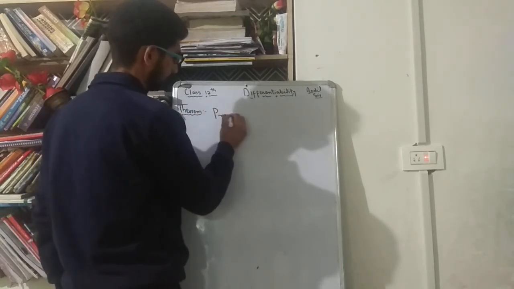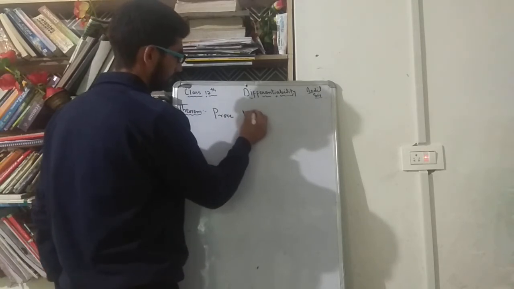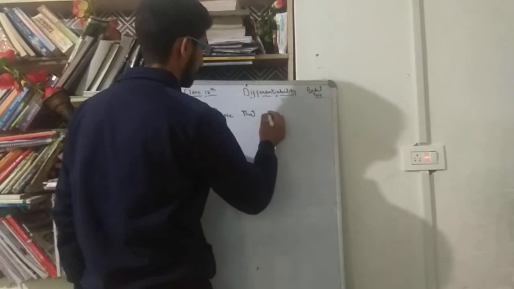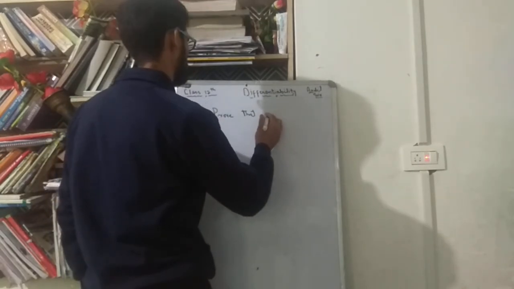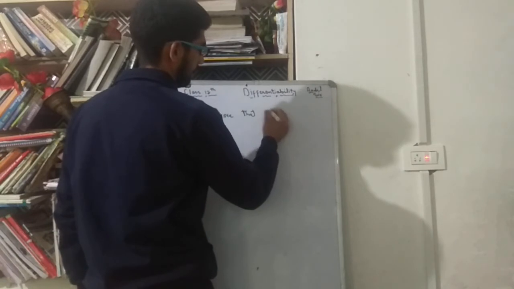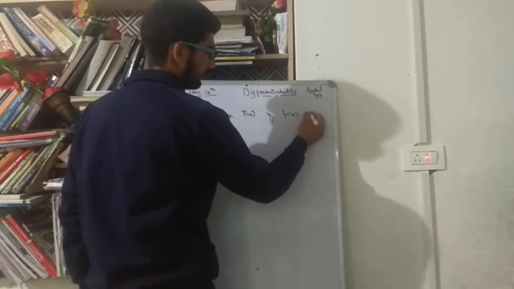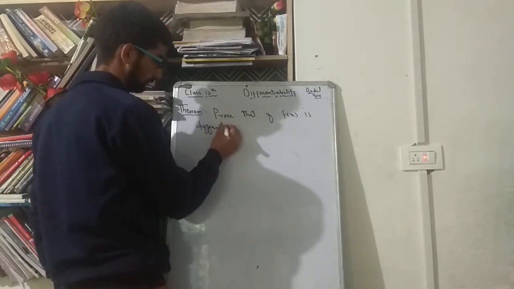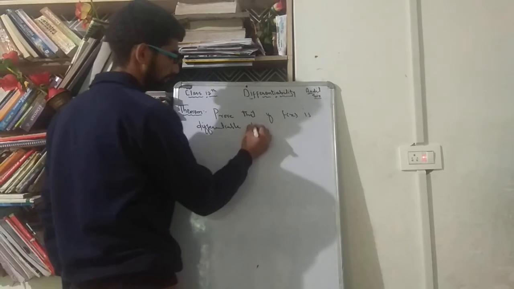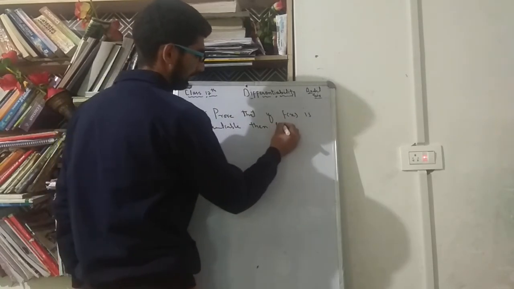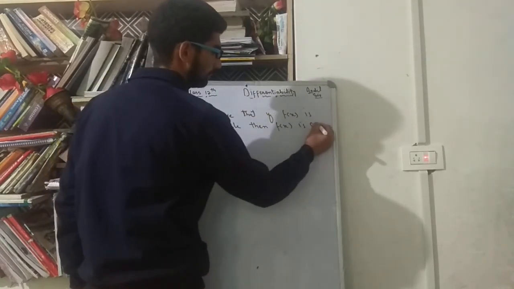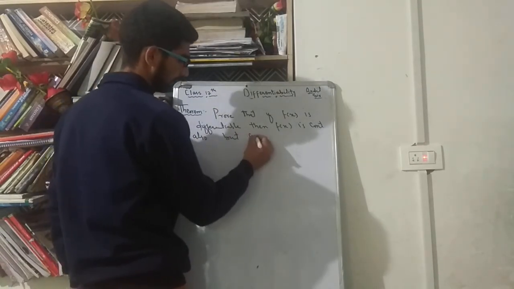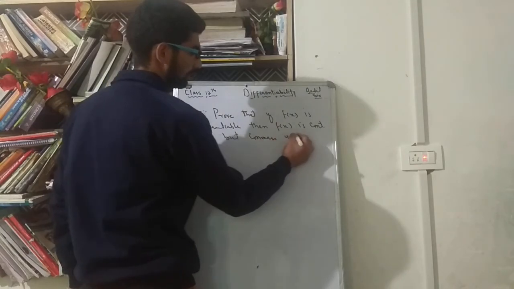Prove that if f(x) is differentiable, then f(x) is continuous also, but the converse is not true.